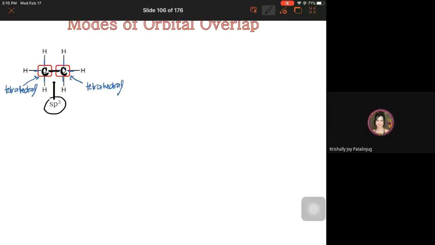Alright? So, this sp3 overlaps with the sp3 of the other central carbon. So, you have a carbon-to-carbon bond that arises from the overlap of the end of one sp3 orbital with the end of another sp3 orbital.